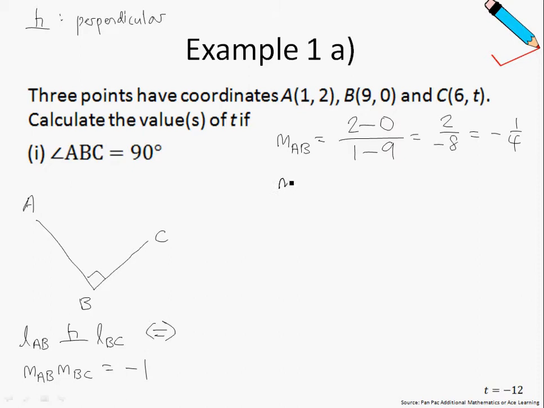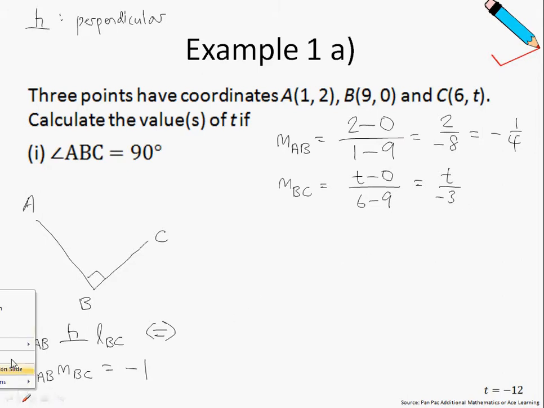Now, the gradient of BC is similarly the y coordinate of C minus the y coordinate of B over the x coordinate of C minus the x coordinate of B. Simplifying this, I'll just have t over -3.